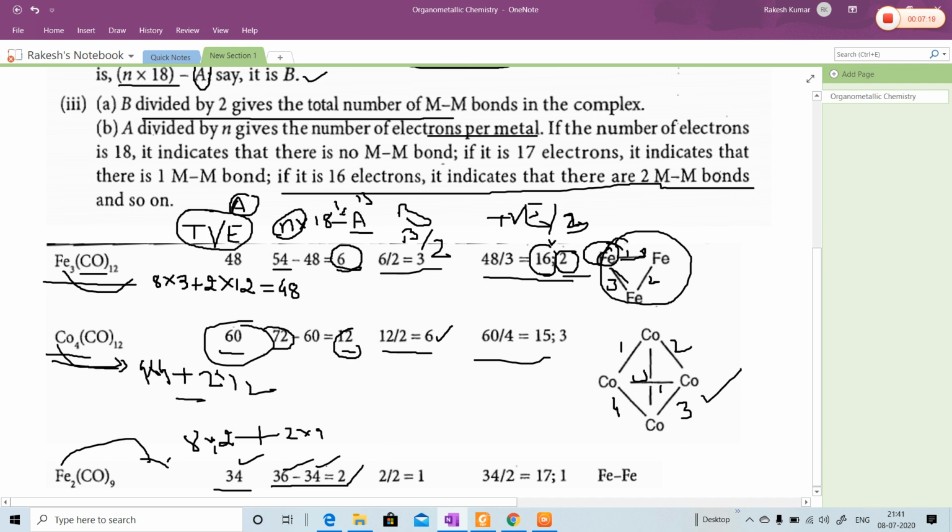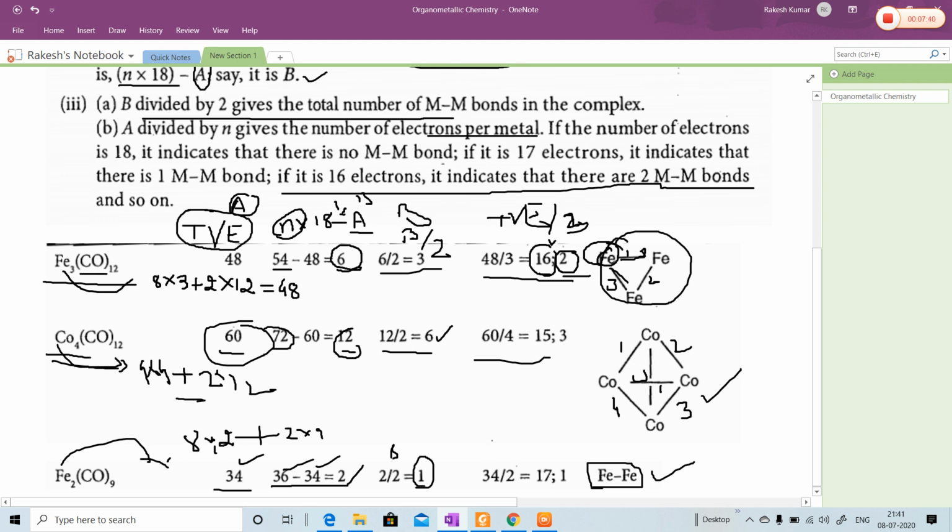Then this whole term is represented by B, and B divided by 2 will give you 1 metal-metal bond in the molecule. So there is only 1 metal-metal bond between the 2 iron atoms.